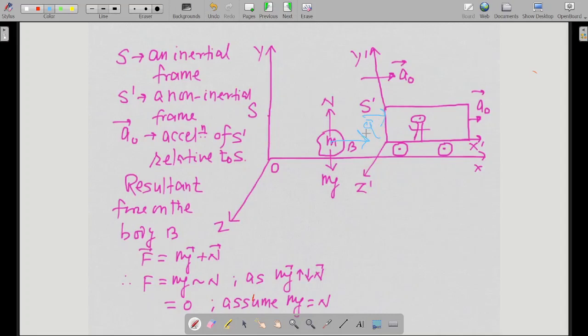This A acceleration has been taken with respect to inertial frame S. This A naught acceleration has also been taken with respect to this inertial frame S. And the A prime acceleration will be observed from S prime. This body will have acceleration A prime with respect to this frame S prime. So hopefully you got each and every term which I was trying to tell you.